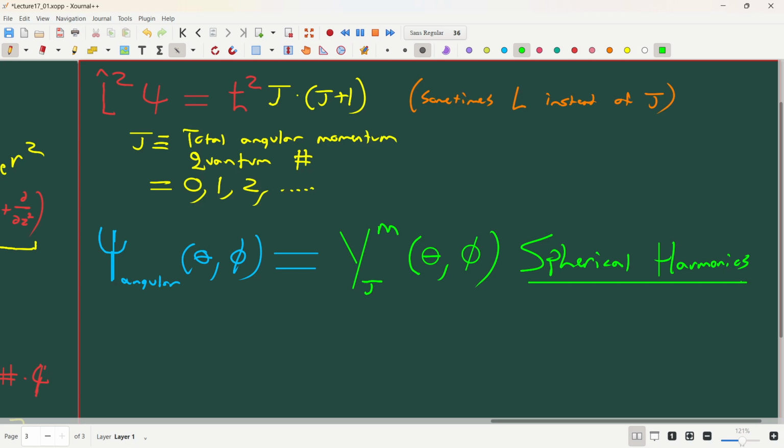And the solutions for this system, basically, what's the shape of the electric field on the surface of the sphere, can be represented as the spherical harmonics. There are different types of stable solutions for an electric field on the surface of a sphere, and each one of those stable fields is represented by a spherical harmonic.